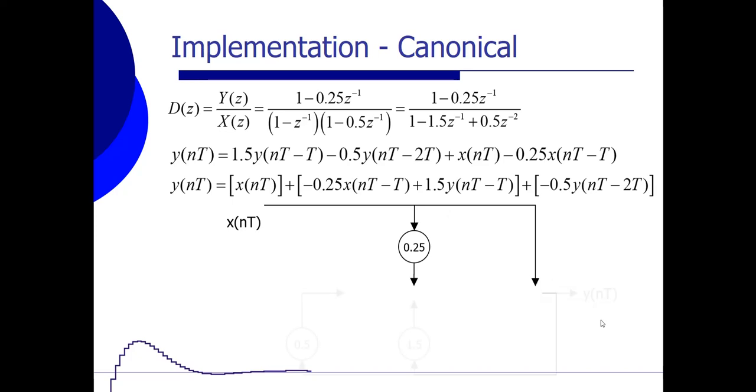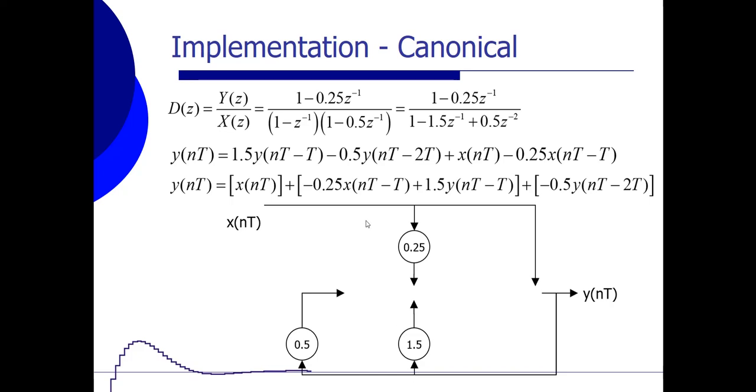But what we also see is that when we have an output, we have also a part of the output which is also delayed one sample, which is this part of the equation. So that's why I've drawn the multiplication block, the 1.5, underneath the 0.25 of the input block over here.